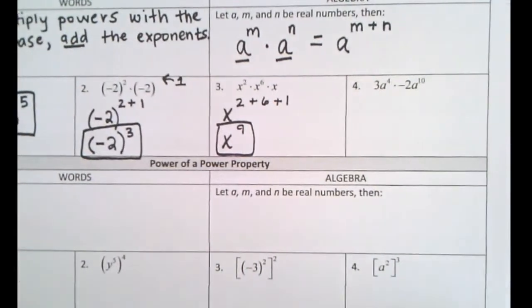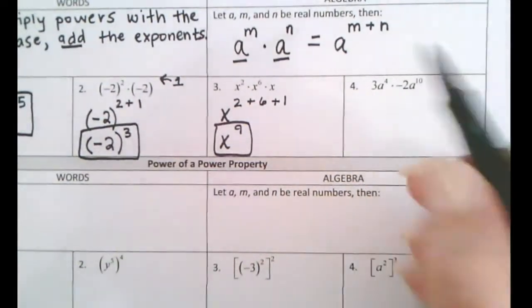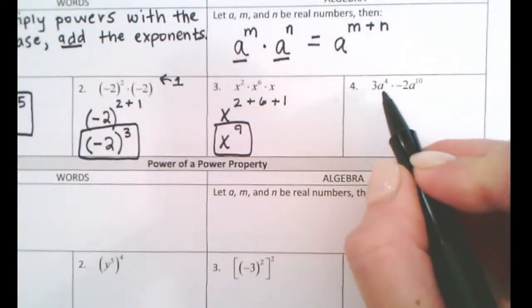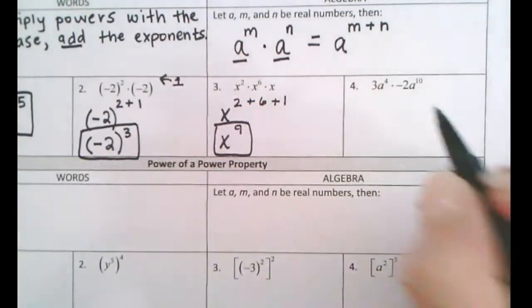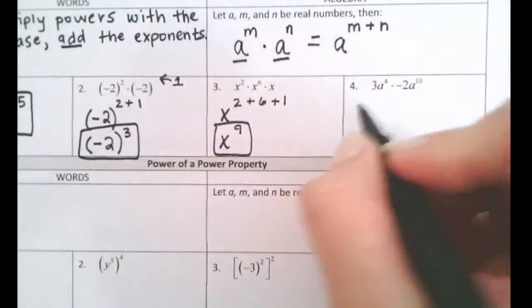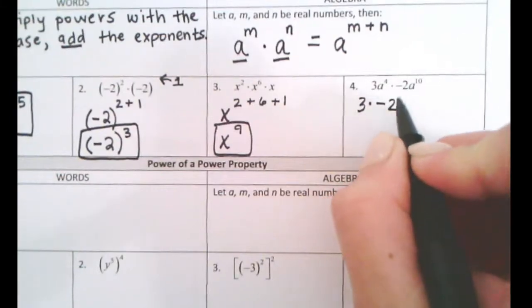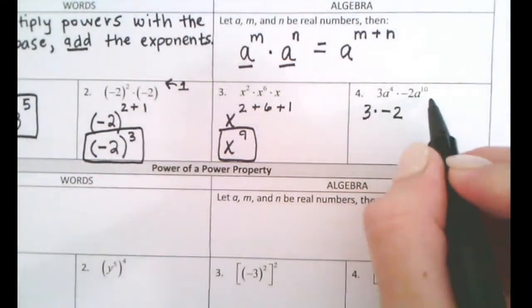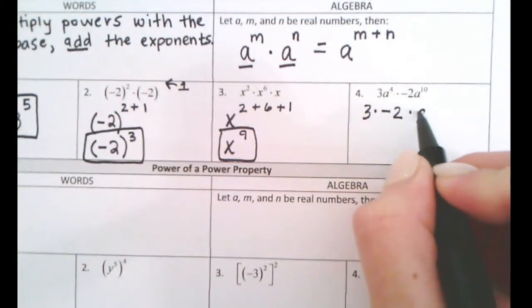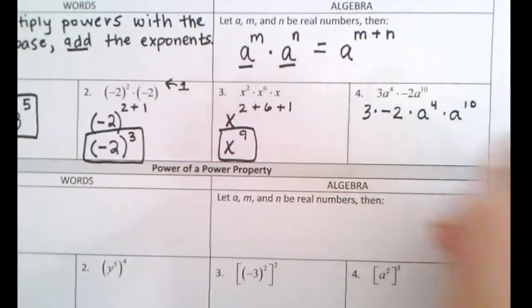My last problem here looks slightly different because I've got some extra numbers multiplied. You can still multiply. If I have 3a to the 4th times negative 2a to the 10th, I'm going to rearrange this and just rewrite it as 3 times negative 2, my whole numbers out front, and then put my same bases to the outside, times a to the 4th times a to the 10th.